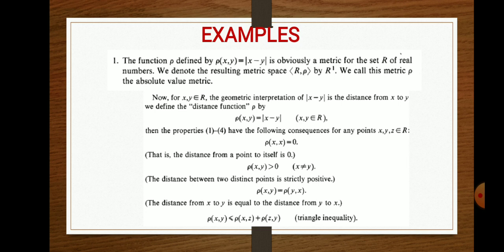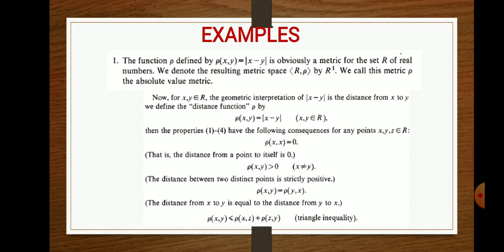So the proof is very simple. For any element x comma y in R, the geometrical interpretation: modulus of x minus y is the distance from x to y. This is a distance function. The distance between x comma x is always 0. You can easily understand that the distance from a point to itself is 0, and the distance between two distinct points is always positive.